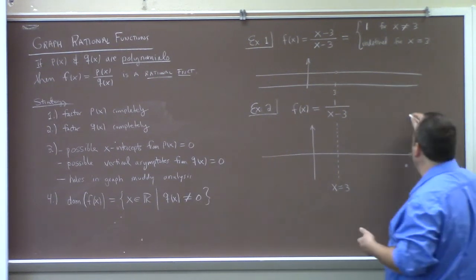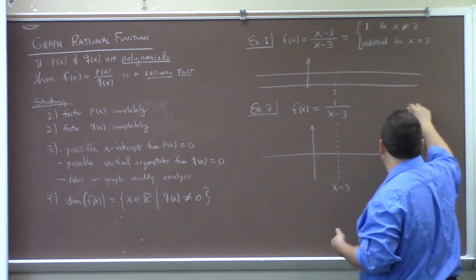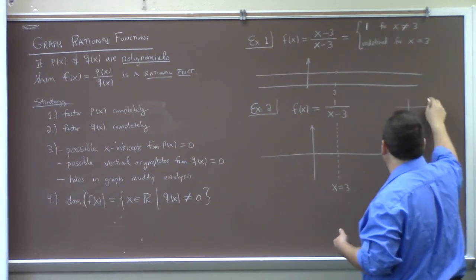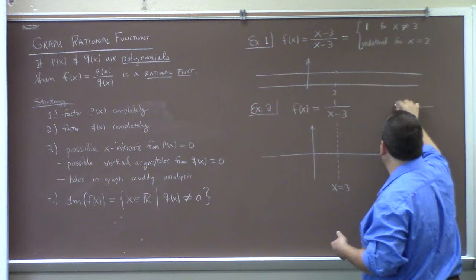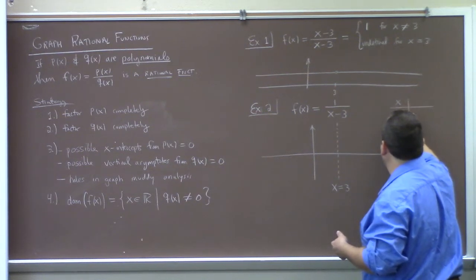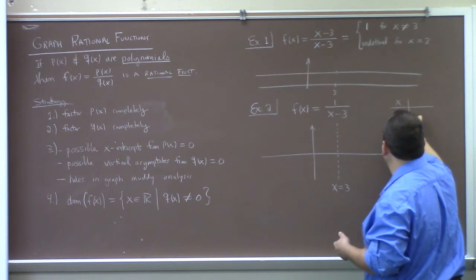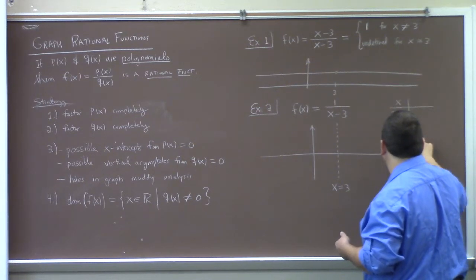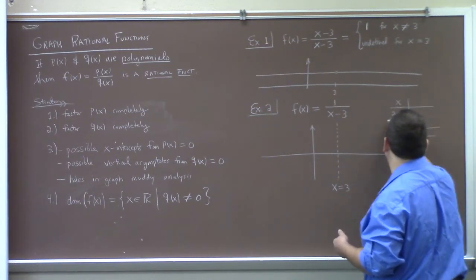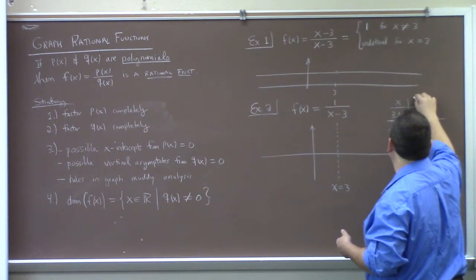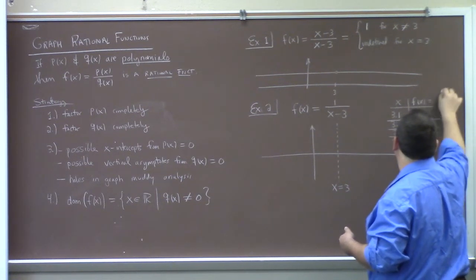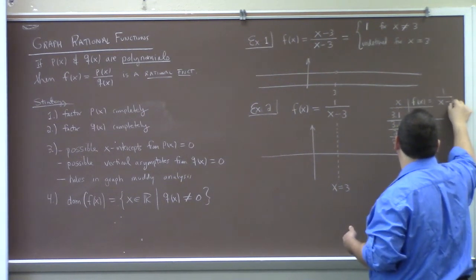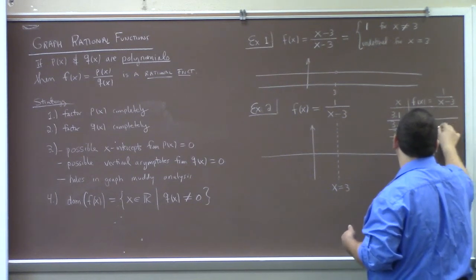We can make a little table of values just to gain a sense of perspective. So here's x. If we put in 3.1, 3.01, 2.9, 2.99, what do we get for 1 over, f of x? Can you run the numbers for me?